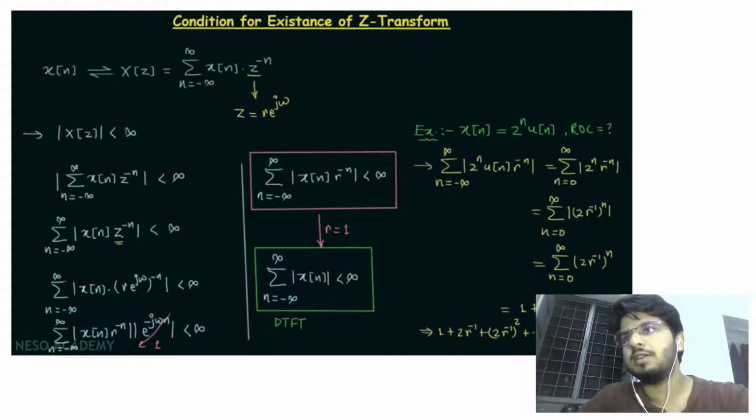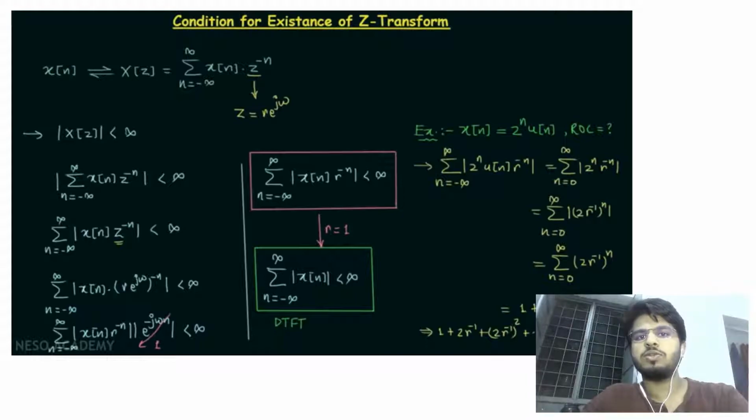So we first calculate the summation, and it gives us this value over here. So it's an infinite series, and it has to be less than infinity. For that to happen, we know that the common multiplier must be less than 1. So the common multiplier here is 2 into r raised to power minus 1. So 2 into r raised to power minus 1 must be less than 1, and that will give you r greater than 2.